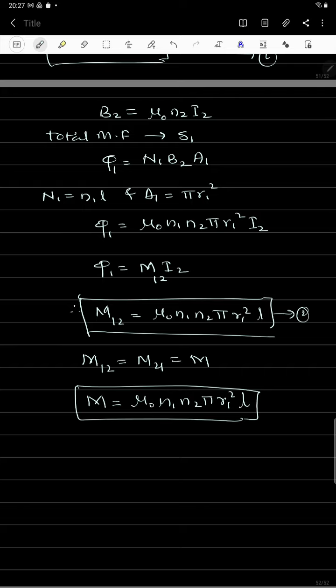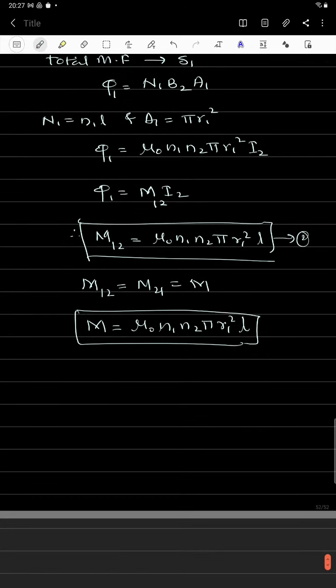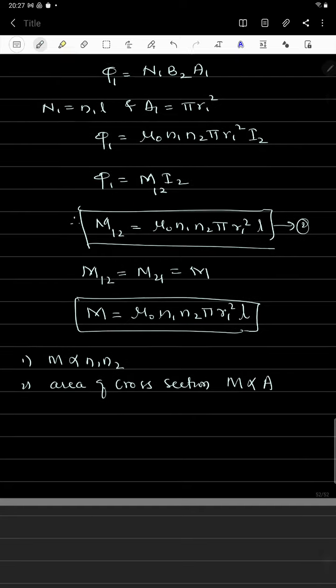So this is the expression of mutual inductance, and the factors on which mutual inductance depends are, first, the number of turns: mutual inductance is directly proportional to n1 and n2. Second, it depends on the common area of cross section, that is, M is directly proportional to the area.